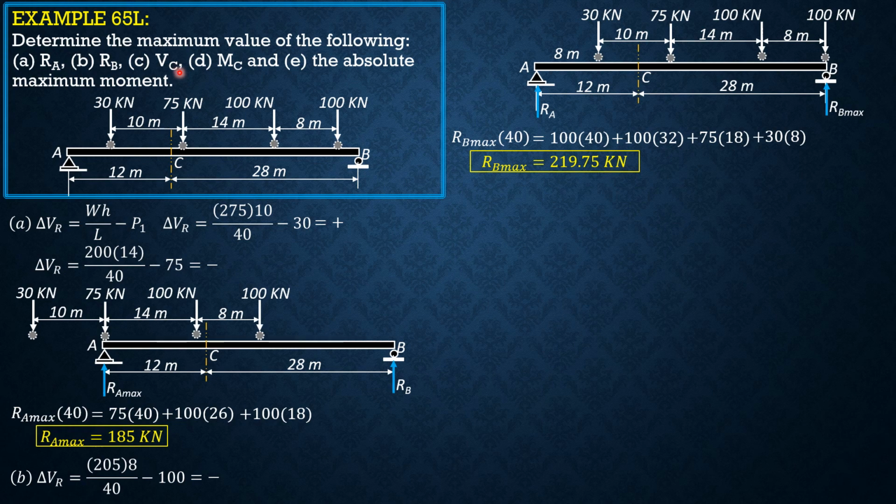Next, for V sub C, we assume that the loads are moving from right to left. Because 10 plus 14 is 24, plus 8 is 32, greater than 28, there will be an incoming load.